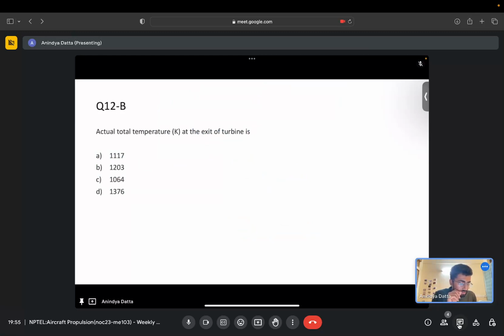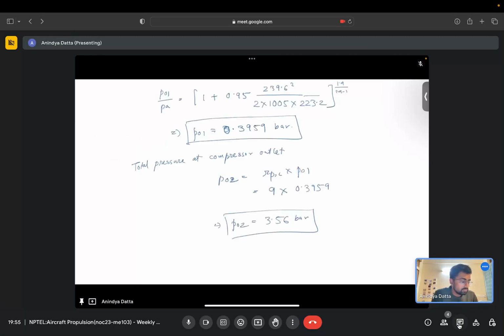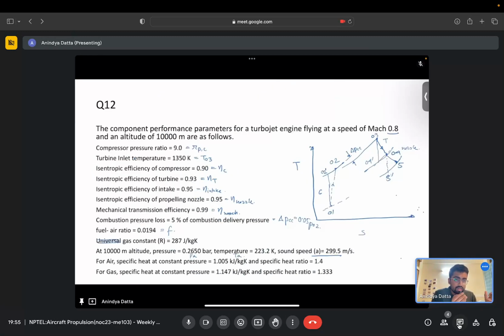We have to find the actual total temperature at the exit of the turbine. The turbine exit is state 04, so we have to find T04. First we need to find what the pressure ratio across the turbine should be.